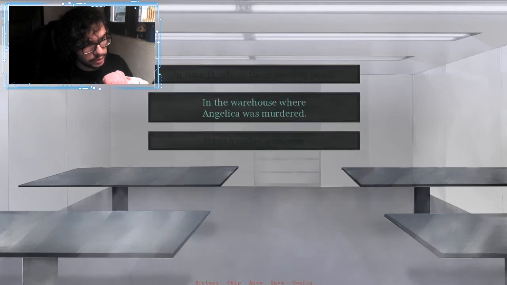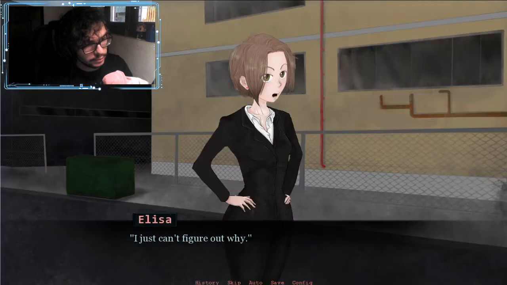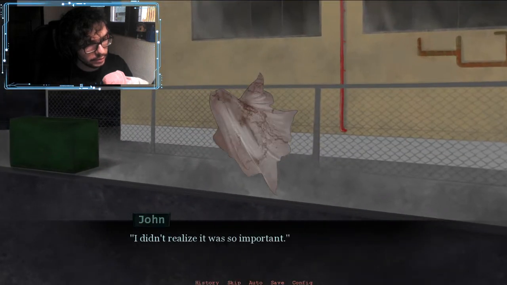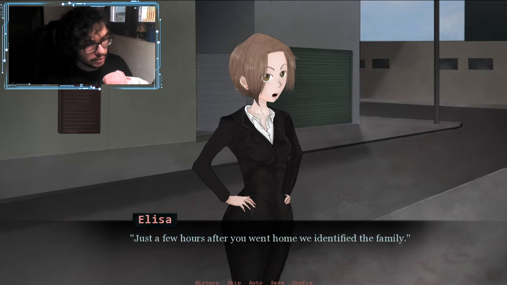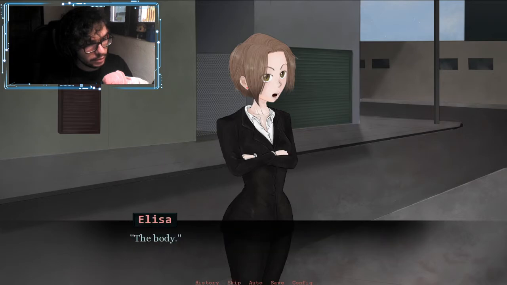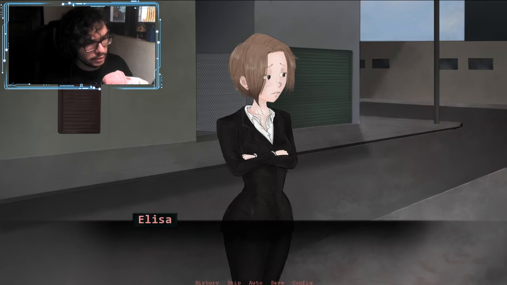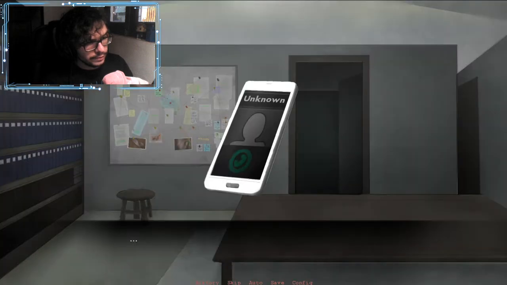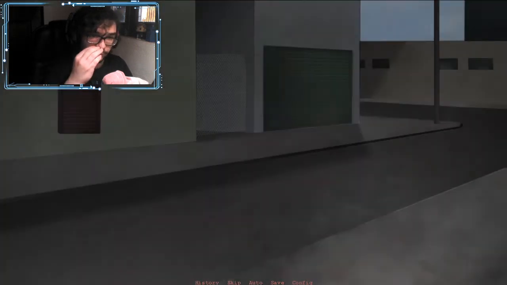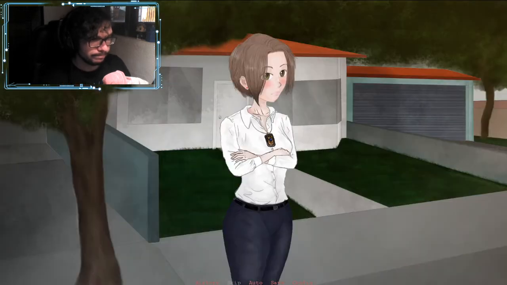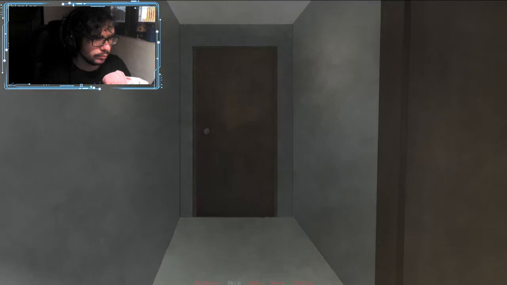The condition is more important. Warehouse, I wanna see that. Okay, blood. Your father, great, lovely. Wait, did we find the blood last time? I have no idea.